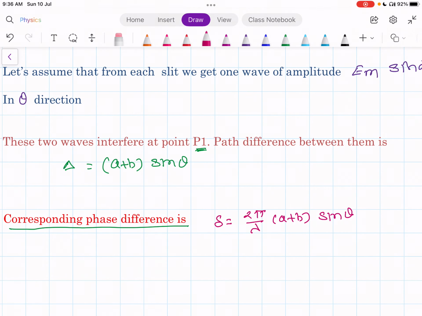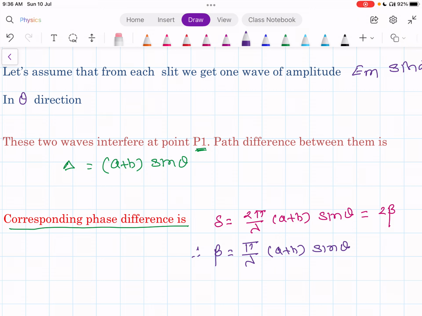And let us assume that this is equal to 2 beta. Therefore, beta is equal to pi by lambda into A plus B sine theta.